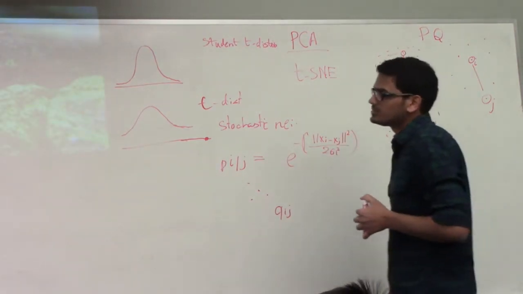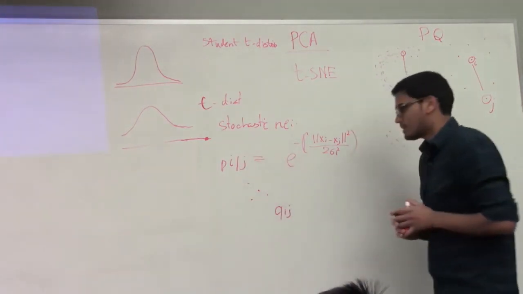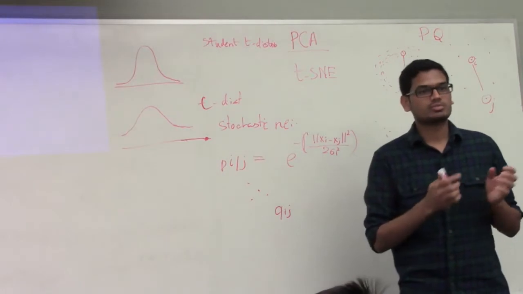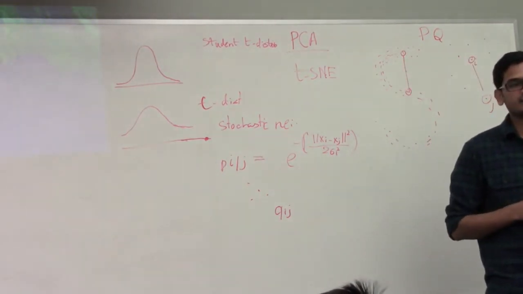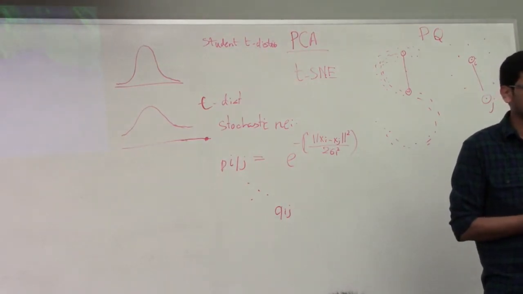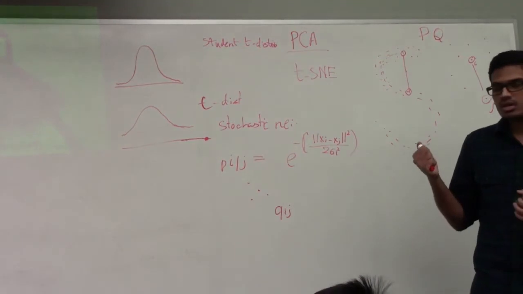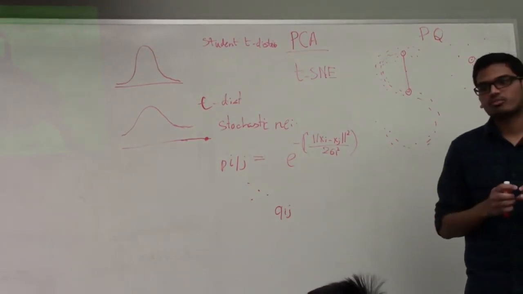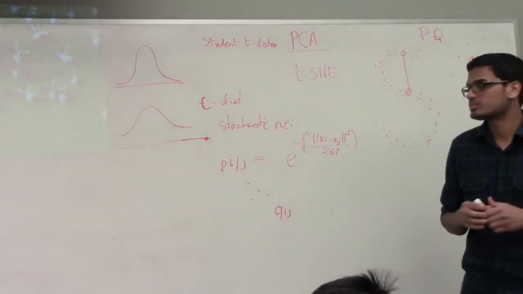Okay, so this is about this, and then basically you have two distributions. One is a distribution in high dimensional space, which is P, representing the similarities of points in high dimensional space. And another probability distribution Q, which represents the similarity of points in the low dimensional embedding, the embedding which we want.